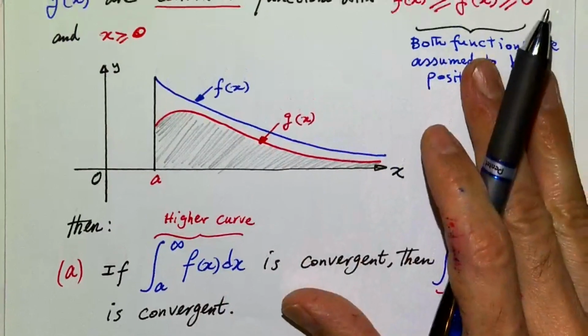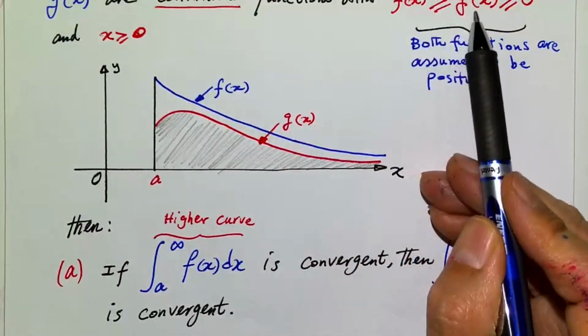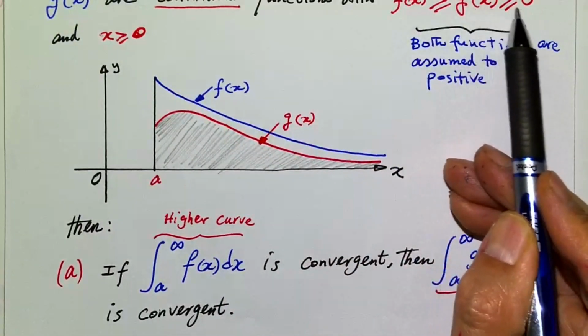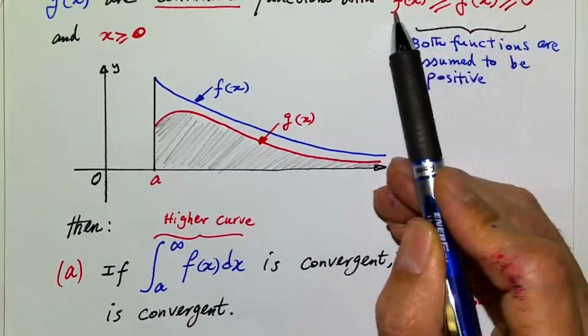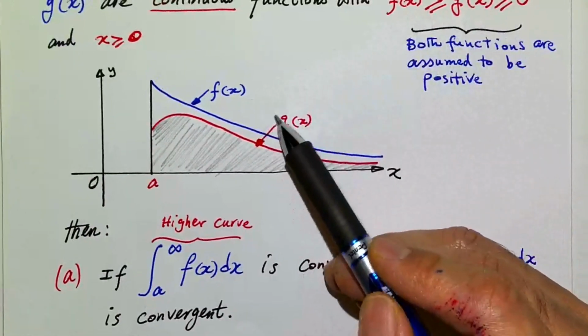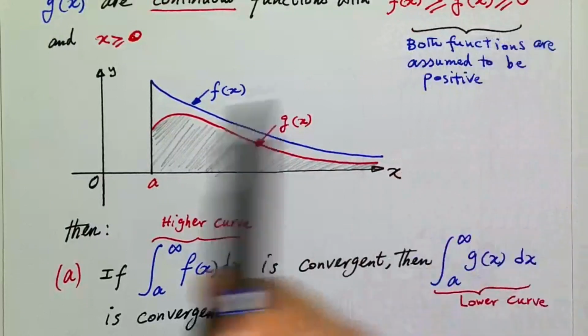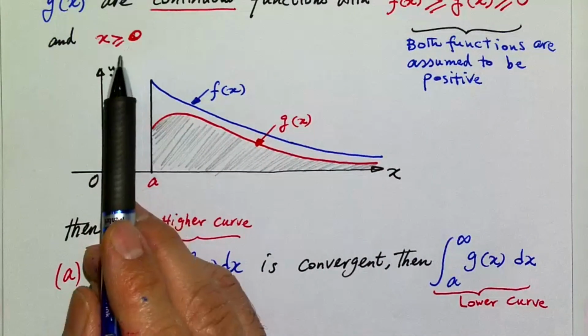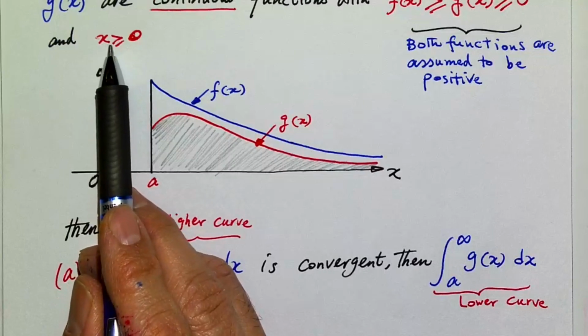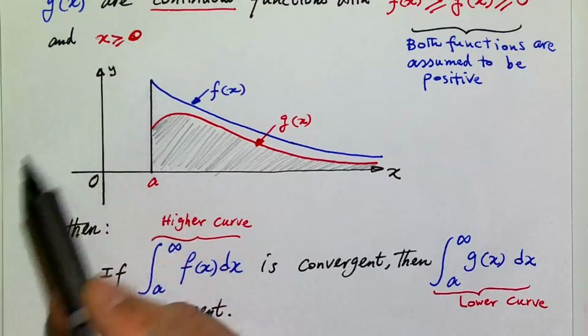But as long as one curve is larger than the other, and both of them are greater than or equal to 0. So the values of functions are positive, as well as the fact that this comparison method is for when x values are positive or equal to 0.